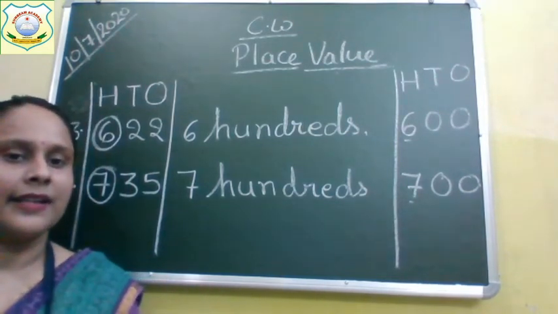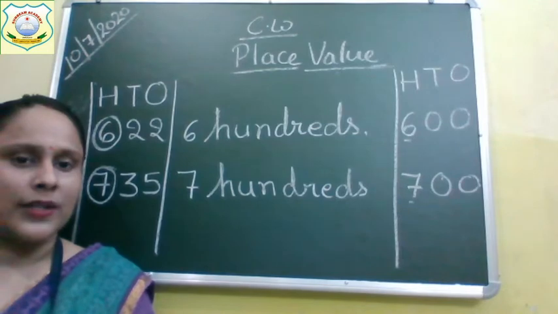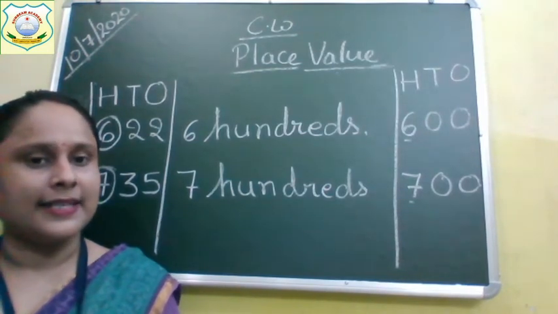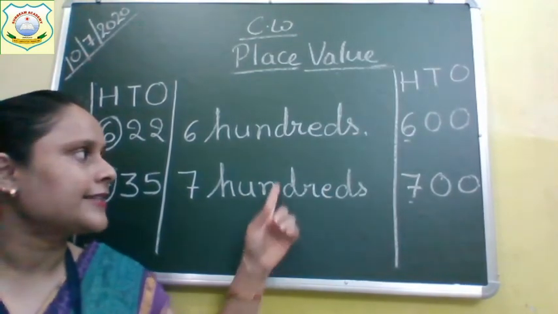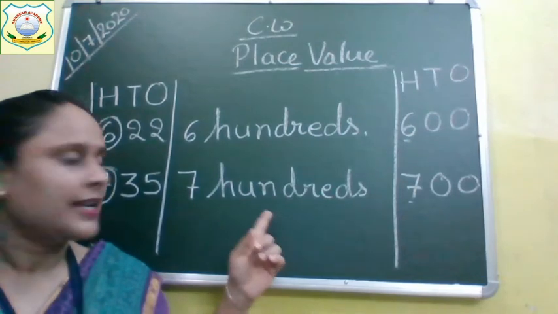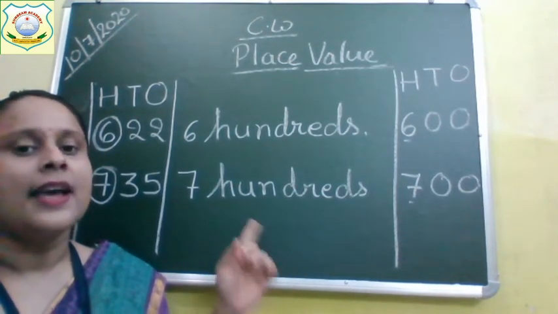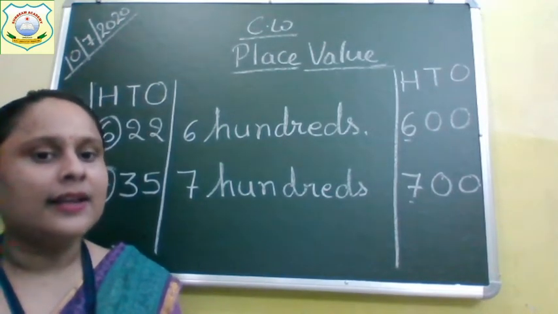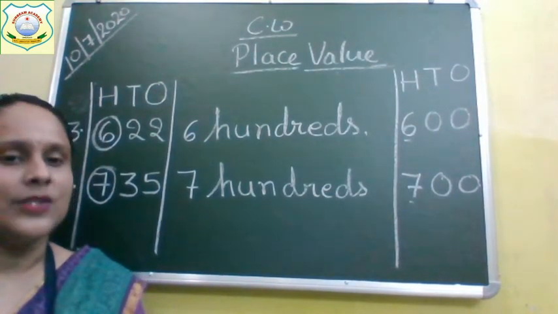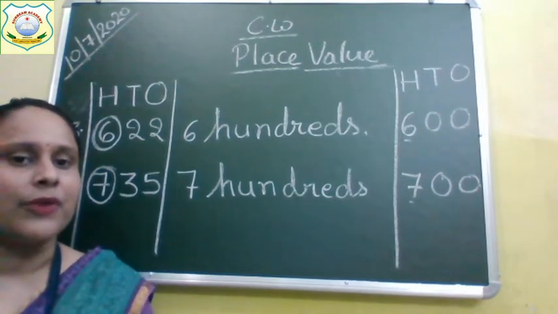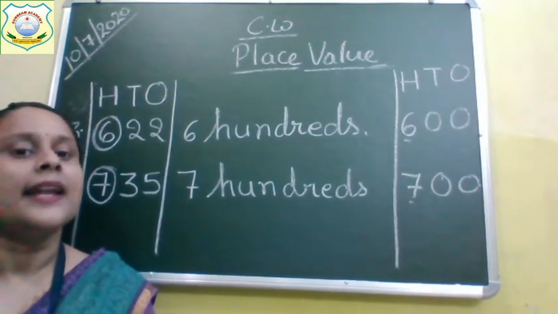Complete it. Everyone, draw the circle at the correct places. Write the correct spelling of hundreds. If it is written hundreds, what is the correct spelling of this hundreds? HUNDREDS. Hundreds. Say again.